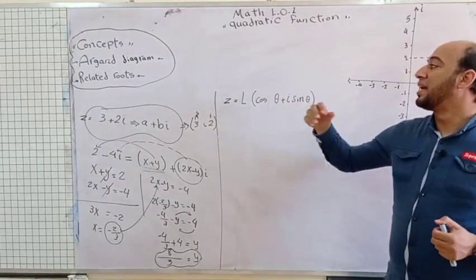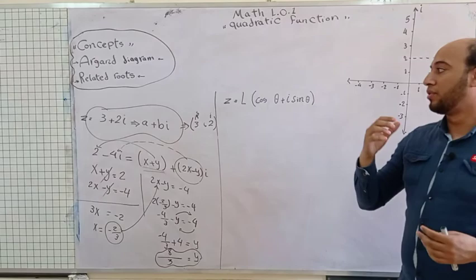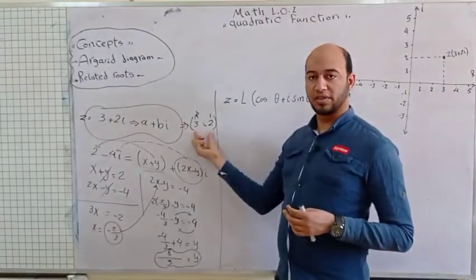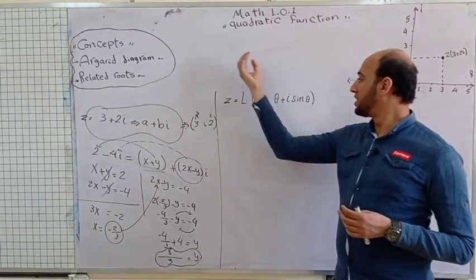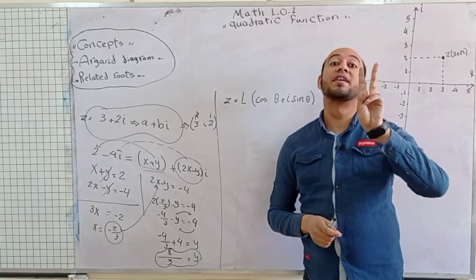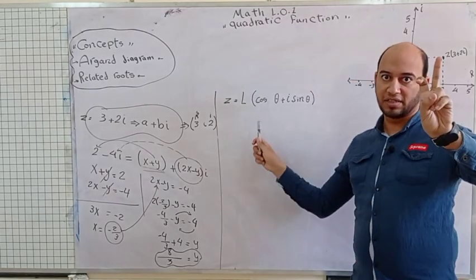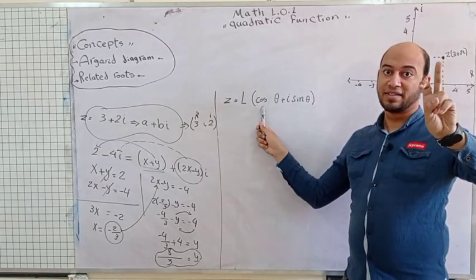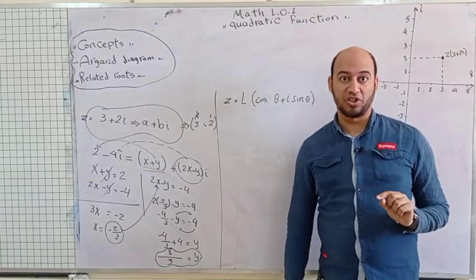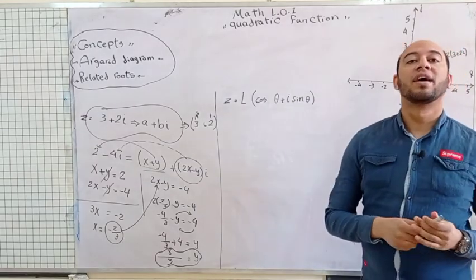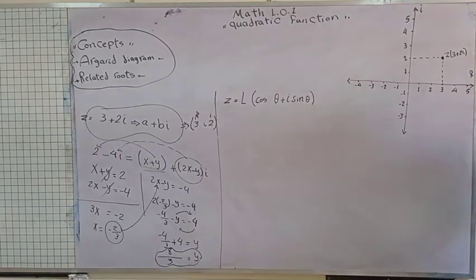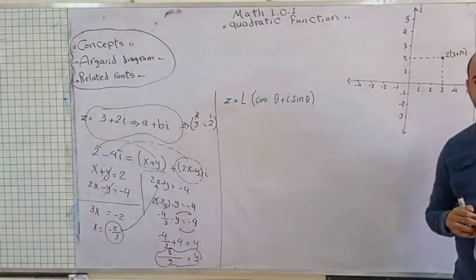Then, if we want to convert from the algebraic form or ordered pair form to the trigonometric form, we need to know two important values. These values are L, the modulus, and theta, which is an angle called the argument. How can I get L and theta?